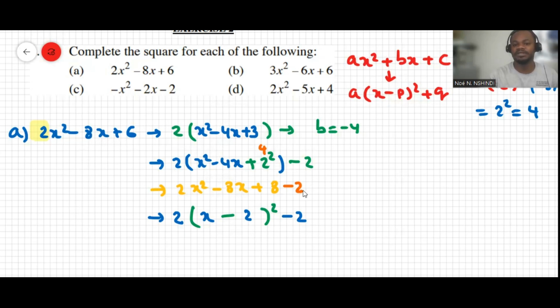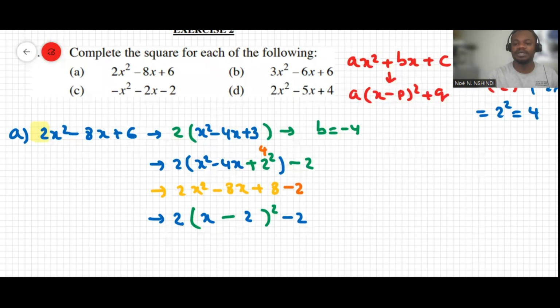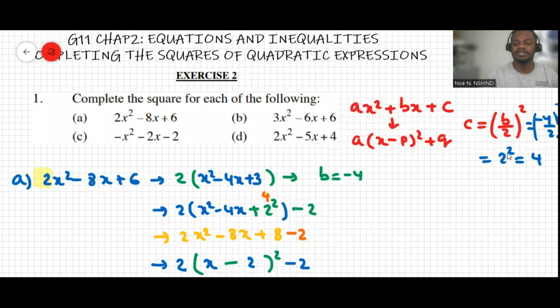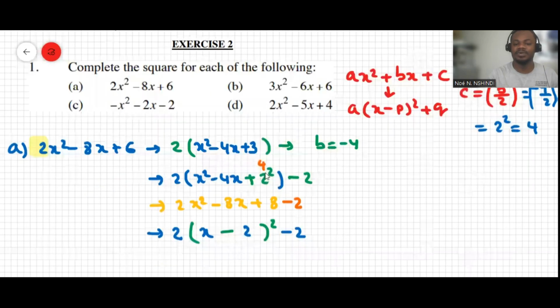Let me go over it. First of all, I get rid of the leading coefficient, the coefficient of x squared. I factorize this way. And then I note that b will now become negative 4, not negative 8. Now I substitute in the c value, and I get this 2 squared, which is 4. Now I write here 2 squared.